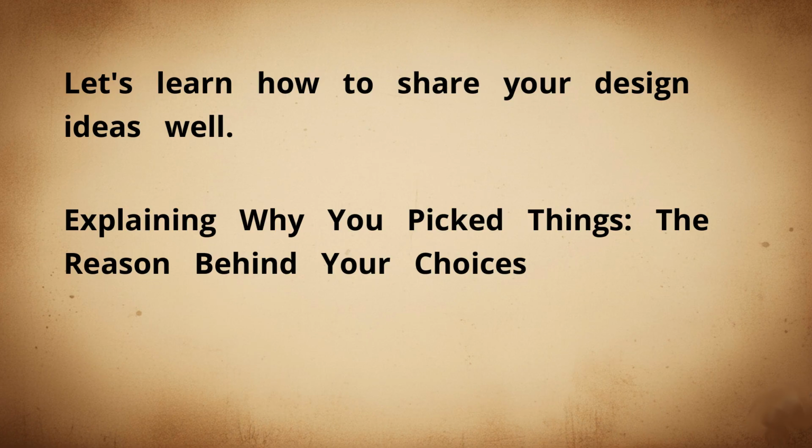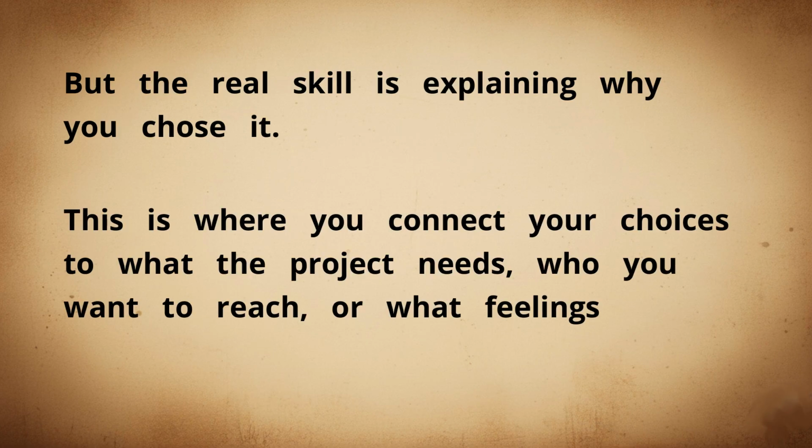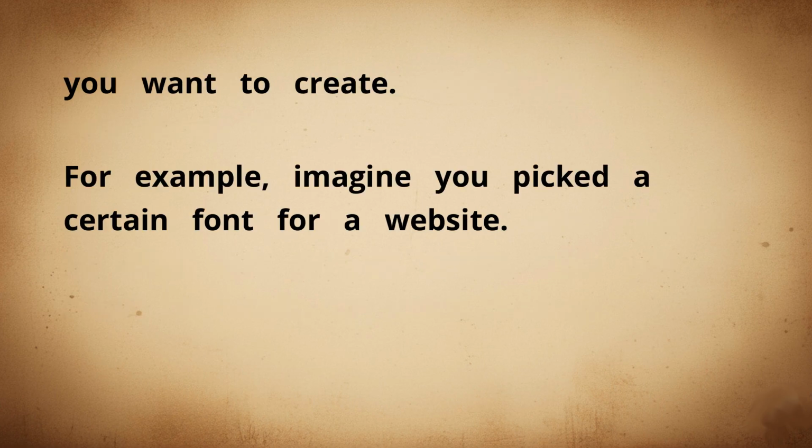Explaining why you picked things, the reason behind your choices. It's easy to point to something and say, "This is a certain type of letter," or "This is a dark blue." But the real skill is explaining why you chose it. This is where you connect your choices to what the project needs, who you want to reach, or what feelings you want to create. For example, imagine you picked a certain font for a website.